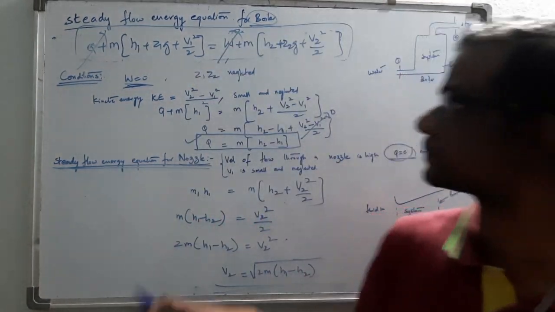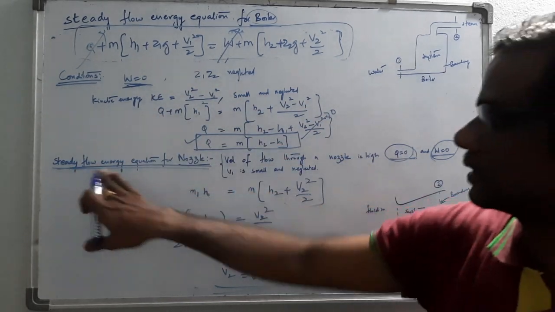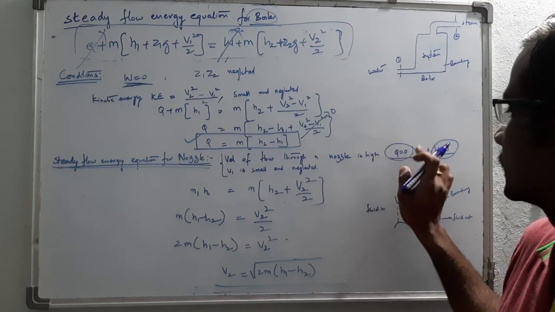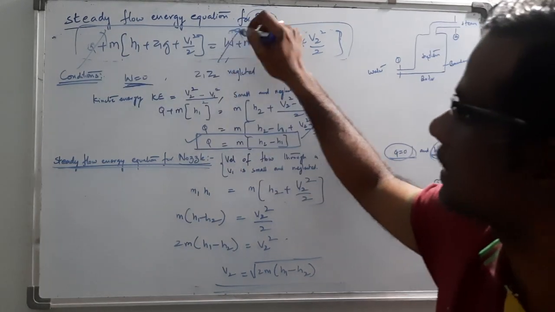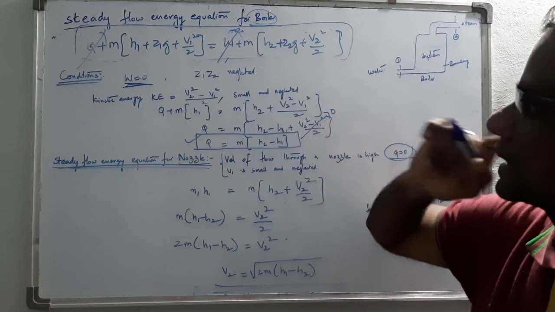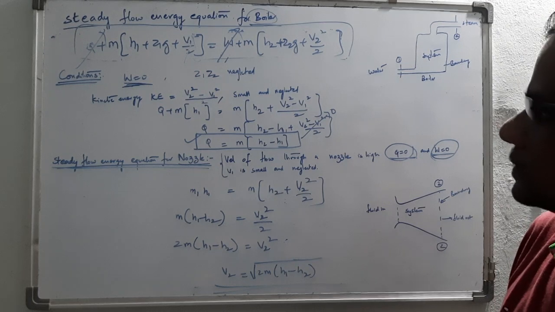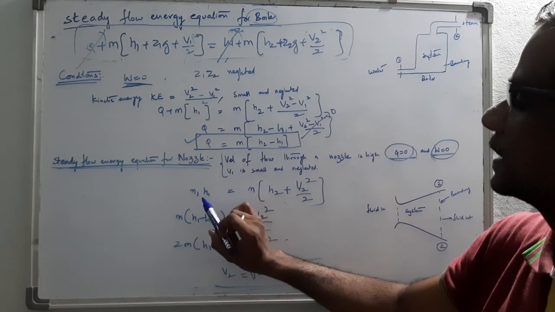Now let us see this once more. Steady flow energy equation for nozzle. Velocity of flow through the nozzle is high, Q equals 0 and W equals 0. I am striking these out. Z1, Z2 are neglected. V1 is also neglected. Therefore, what is the final equation?